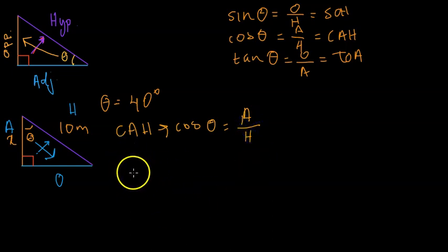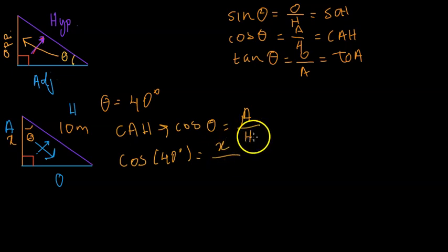Okay, let's start filling in the information we know. So we've been told that theta is 40 degrees. So we can say that cos 40 degrees is equal to, do we know what the adjacent side length is? At this stage we don't, so we'll just write x. Do we know what the side length for the hypotenuse is? Yes, it says here it's 10 meters.